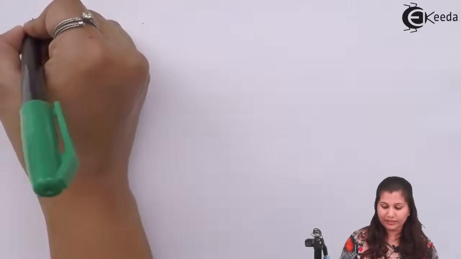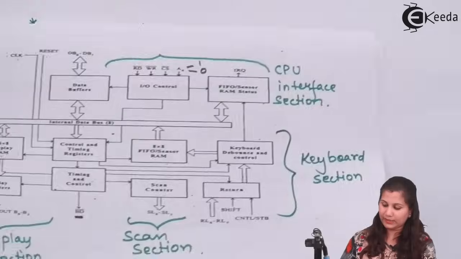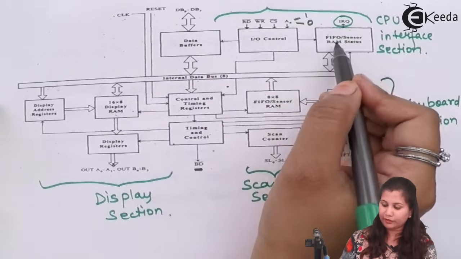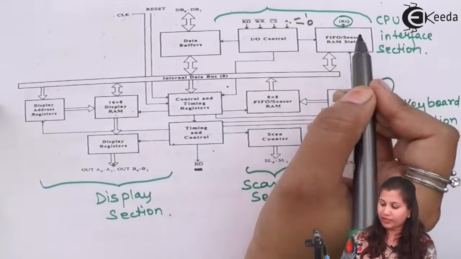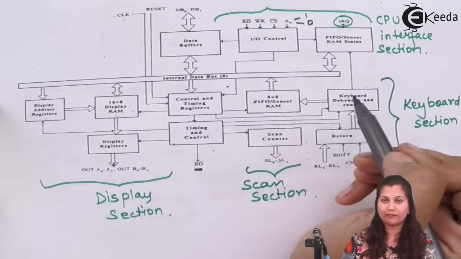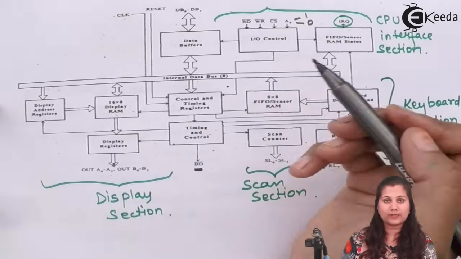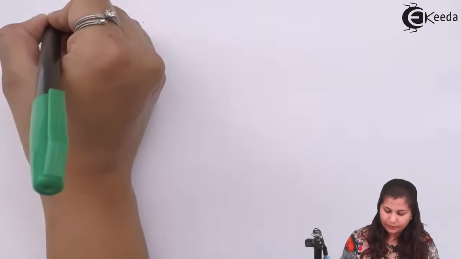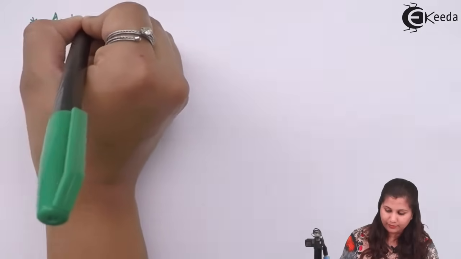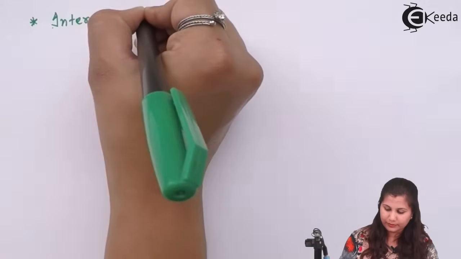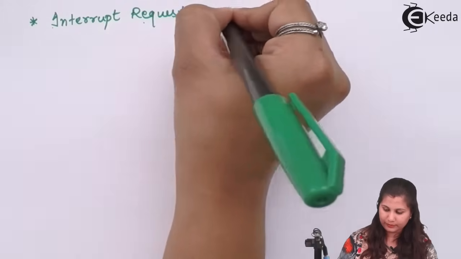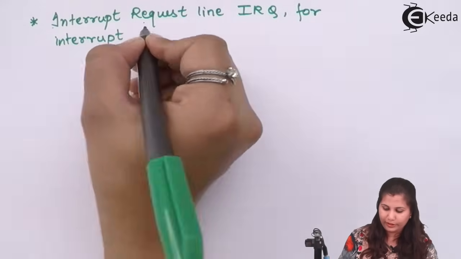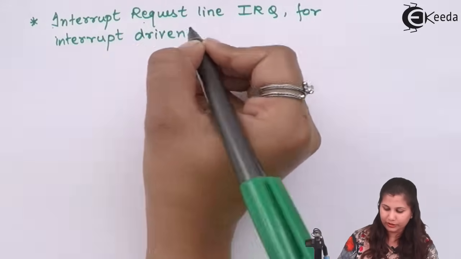Now this CPU interface section also has one interrupt request signal. You can see here we have the IRQ, which is generated by the FIFO sensor RAM status. Whenever a key is pressed, a display device is scanned, or a switch is on, this interrupt request signal is generated, for interrupt driven data transfer with the processor.